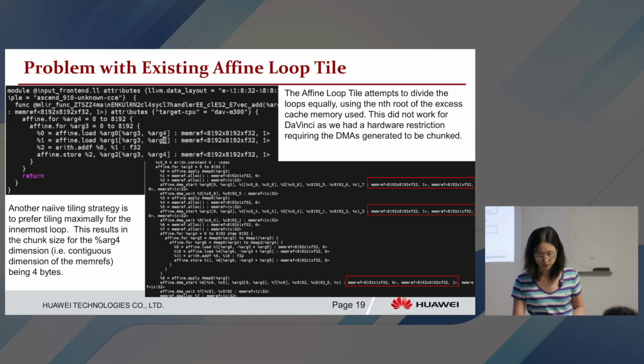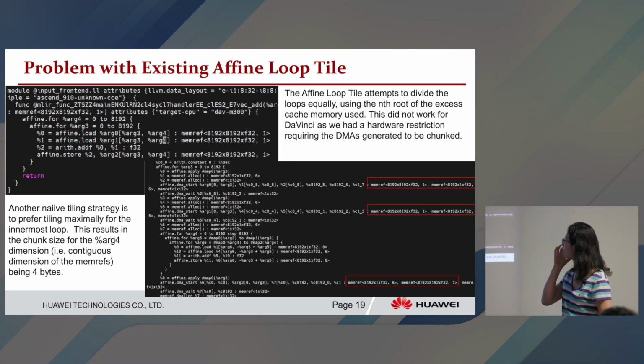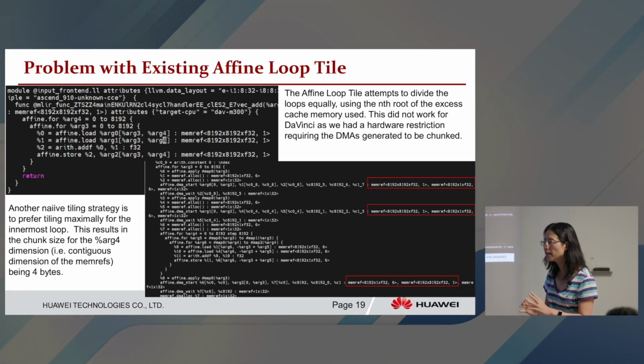Oh, one second, let me go back to that. In this case, you have two affine loads where arg4 is the innermost dimension. So both loops that affect the innermost dimensions of the two loads will be constrained. If the second load is done the other way, with arg3 as the innermost dimension, then the arg3 loop will be a constrained loop, meaning it will be tiled pretty much the same as all the other loops, except it has an extra constraint that it must satisfy, which is the polyhedral constraint that we showed.